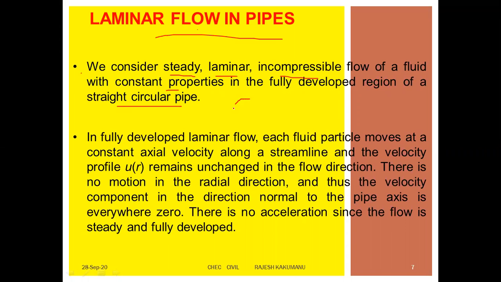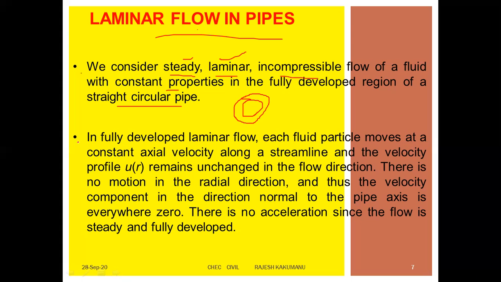So we are taking a straight circular pipe where the fluid has constant properties. We discussed the properties in unit 1. The fluid is moving steadily, with incompressible and laminar flow.